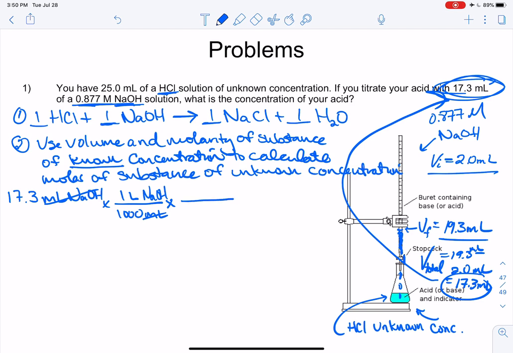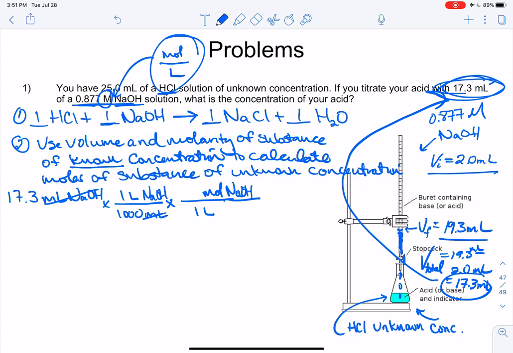And do we have something that relates moles to liters? We absolutely do. Molarity is moles divided by liters. So let's take that big M and split it up into its two little parts, and put that 1 liter on the bottom and the moles of sodium hydroxide on the top.